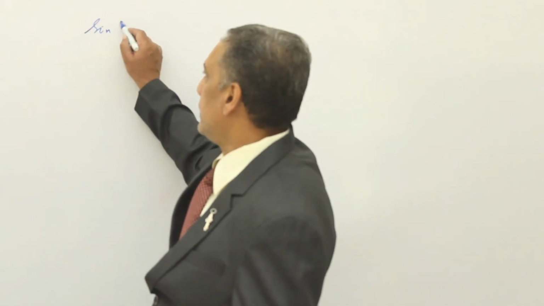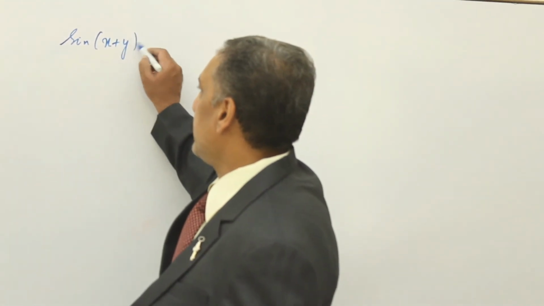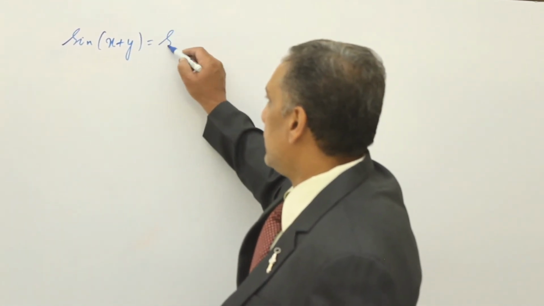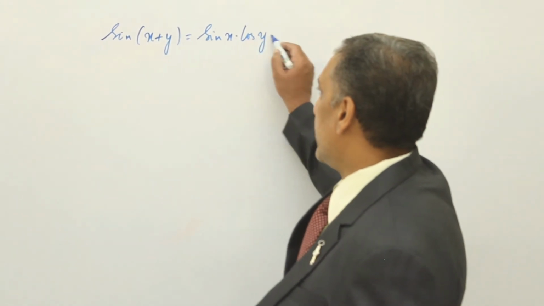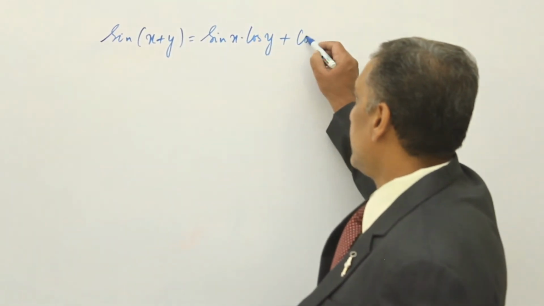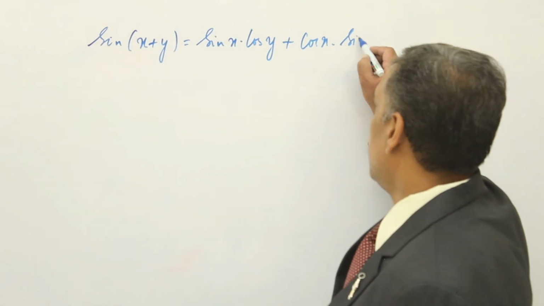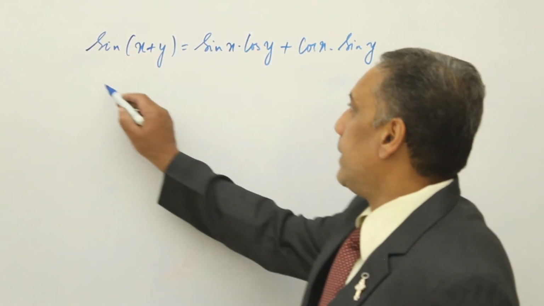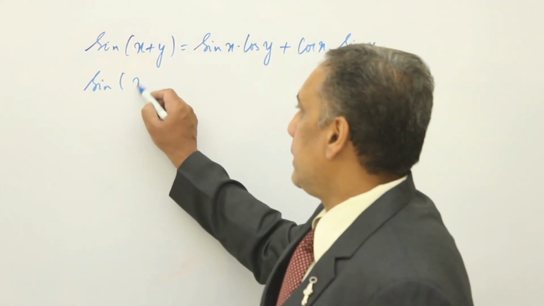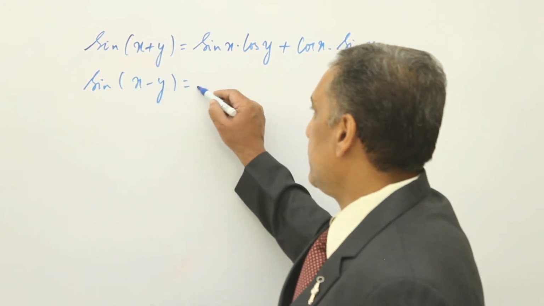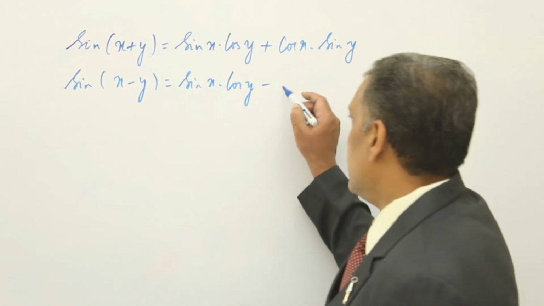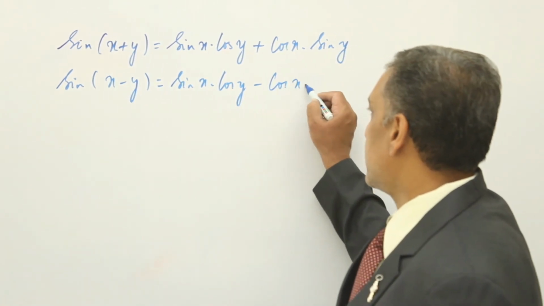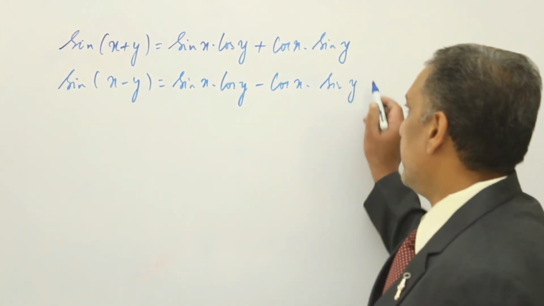Sine of x plus y equals sine x into cos y plus cos x into sine y. Sine of x minus y equals sine x into cos y minus cos x into sine y.